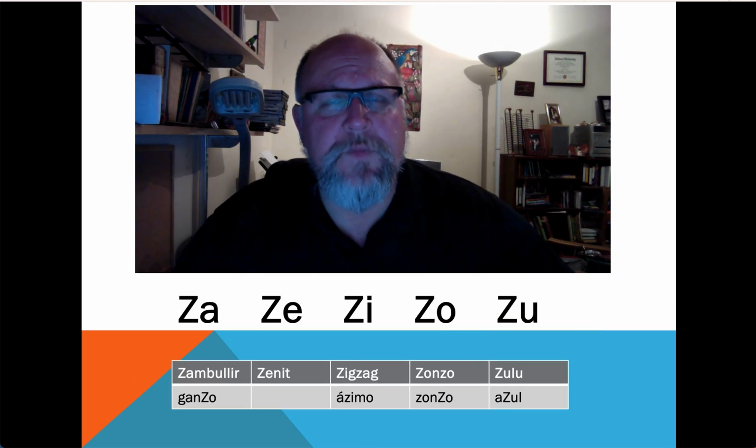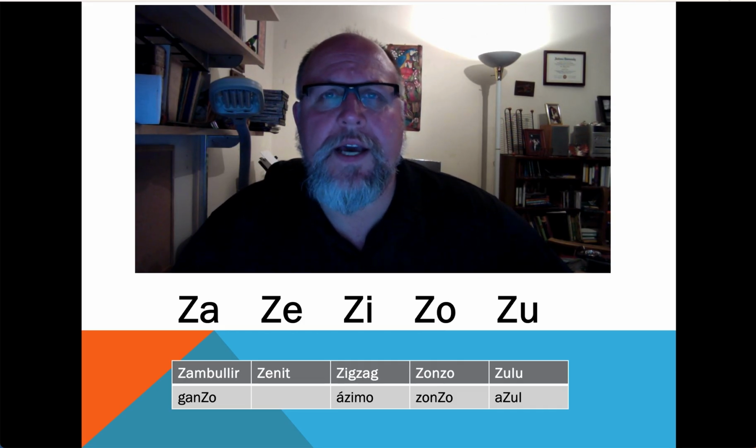The Z in Spanish, in English, is also S in Spanish. Sa, se, si, so, su. Zambullir, zambullir. Cenit, cenit. Zigzag, zigzag.